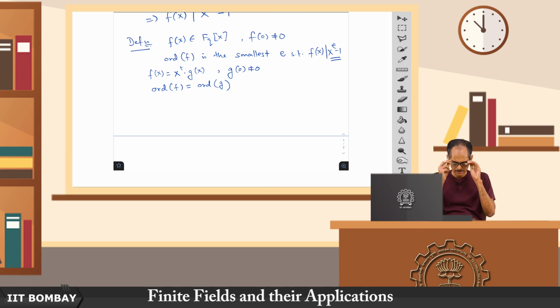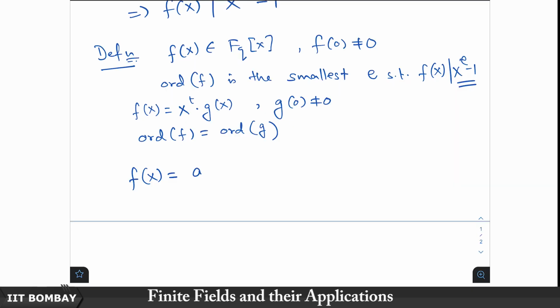So, in general any polynomial can be factored uniquely as a constant times f1(x) power b1, f2(x) power b2, up to fk(x) power bk, where these are distinct irreducible polynomials.